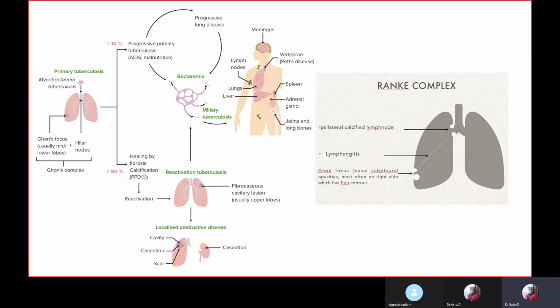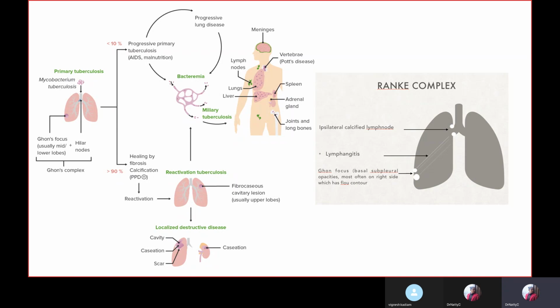When the infection occurs in the lung lobes, usually the middle or lower lobes, that group of infection, the clubbing of infection, is called a Ghon focus. Obviously when there is an infection, there is lymph node enlargement or lymph node involvement. When the infection reaches the regional lymph node, for the lung the regional lymph node is the hilar lymph node.